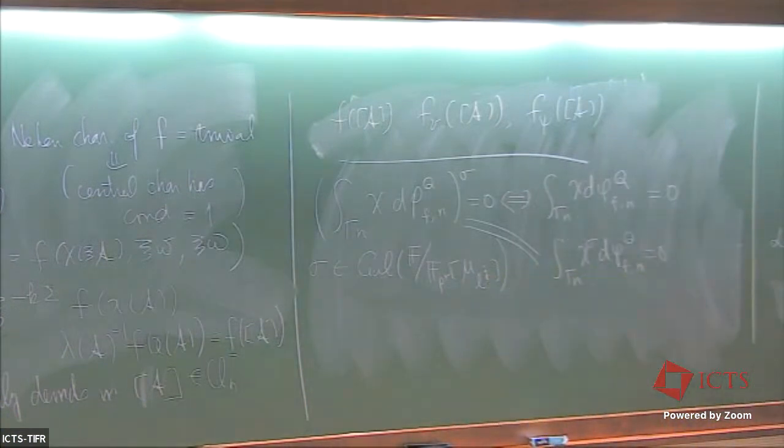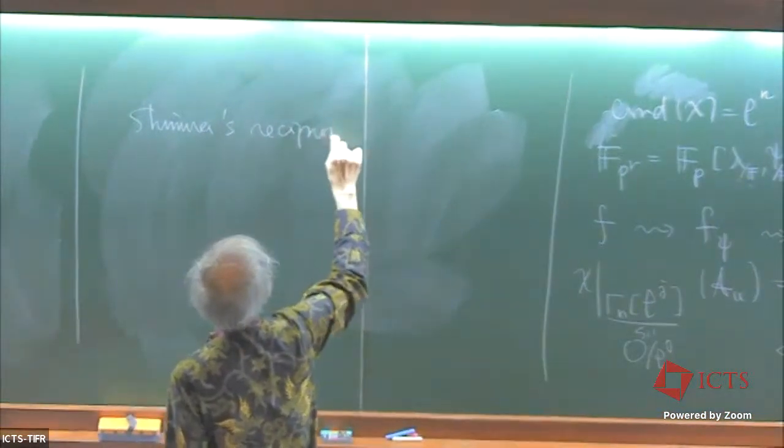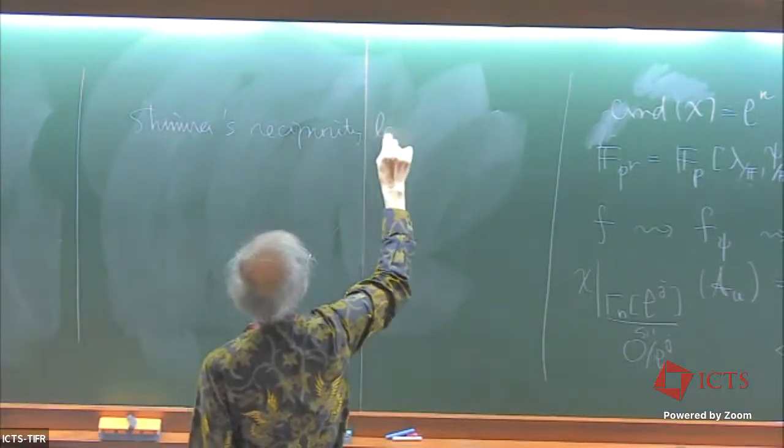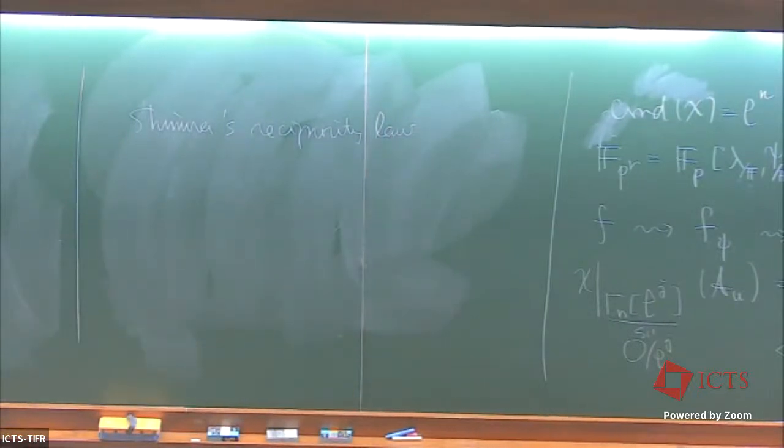Okay, so what I do to prove this is I use Shimura's reciprocity law. This comes from the theory of complex multiplication of Shimura, Taniyama, and André Weil, but he used this in the Shimura variety context to characterize his Shimura variety.